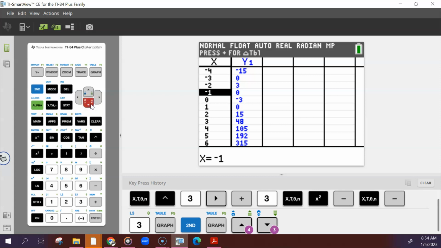Look at -1, look at 1. 3 is the only one where it doesn't have a y value of 0. So that would also work, yes. Is there going to be questions like that when we have the graph? I don't know the answer to that. I want to say no, but I don't remember.